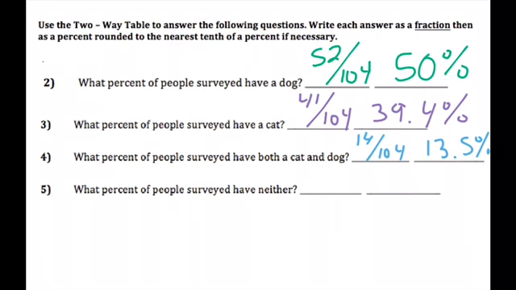So you understand how to convert them from a decimal to a percent, rounded to the nearest tenth of a percent. Okay, number 5, what percent of people surveyed had neither? Well, there were 25 people out of 104 that had neither, and that is 24%.